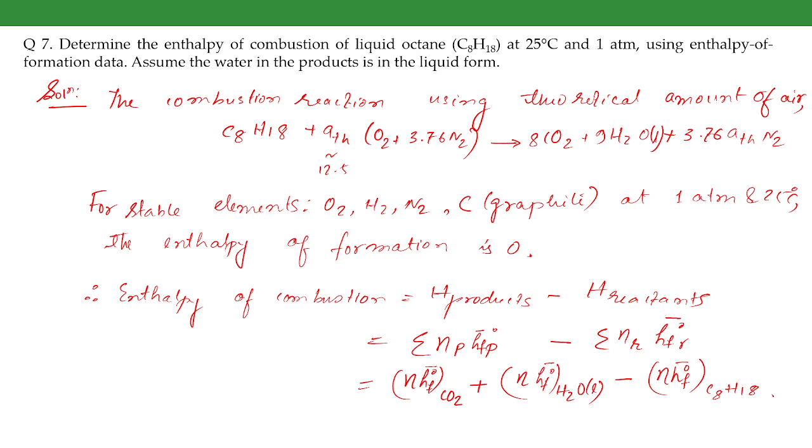All these values are available in any standard textbook for the enthalpy of formation data. So 8 multiplied by minus 393520 plus 9 into minus 285,830 minus 1 into minus 249,950.